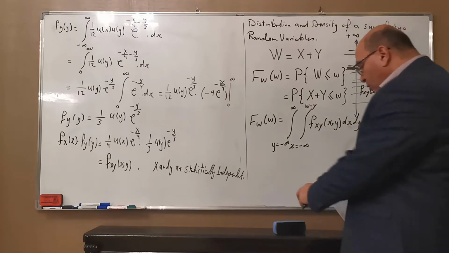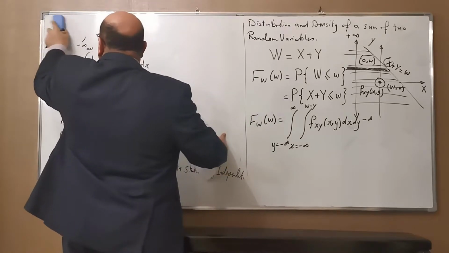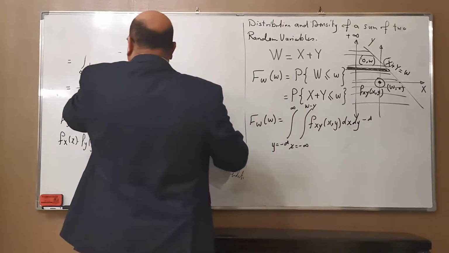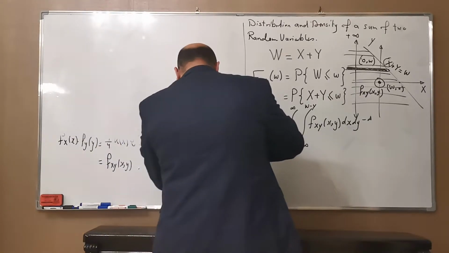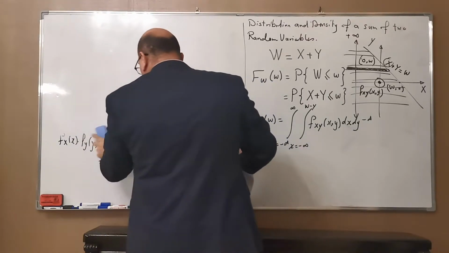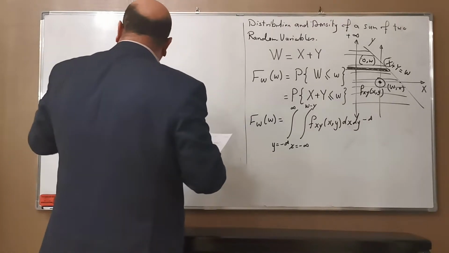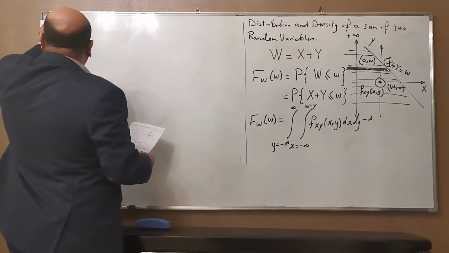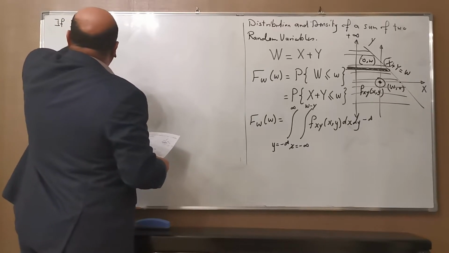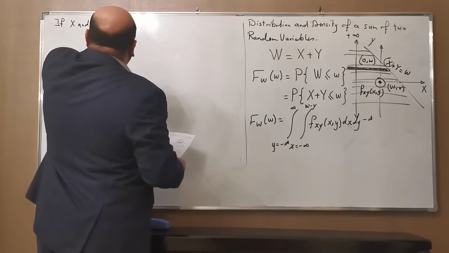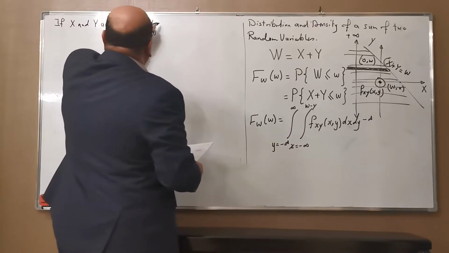Now what we are going to introduce here, to make things a little bit easier, is that it is given to us that X and Y are statistically independent.